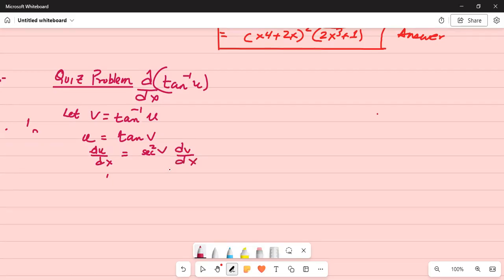Okay. Now for secant square v, we can write du by dx is equal to 1 plus tangent square v times dv by dx.